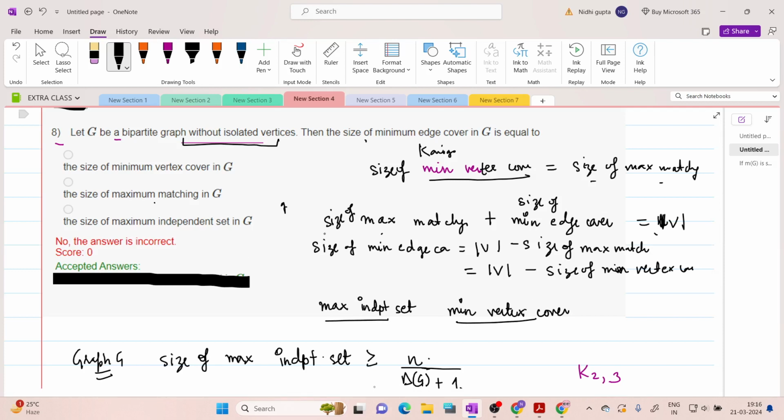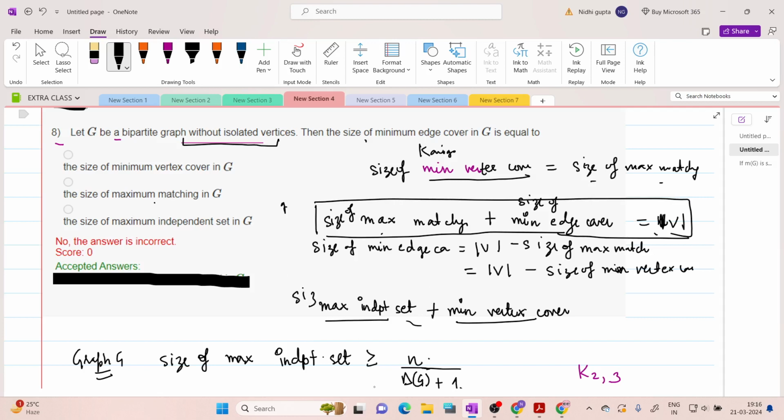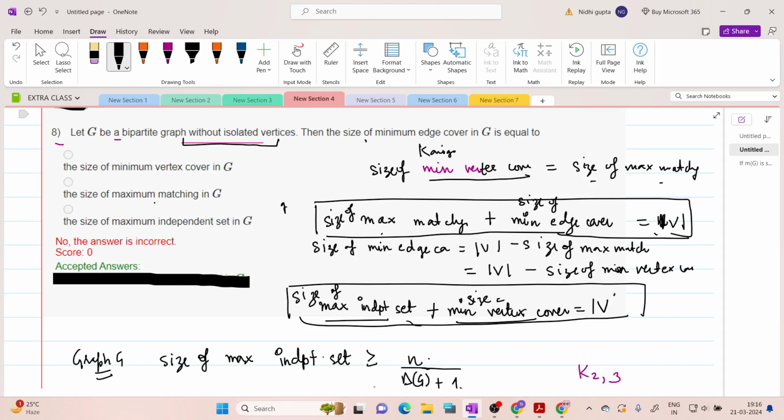So here we have this relation that size of maximum matching plus size of minimum edge cover is equal to number of vertices. And similarly, we also have the analog for vertices, that size of maximum independent set plus size of minimum vertex cover is equal to order V.